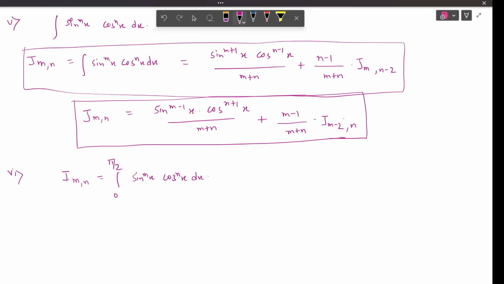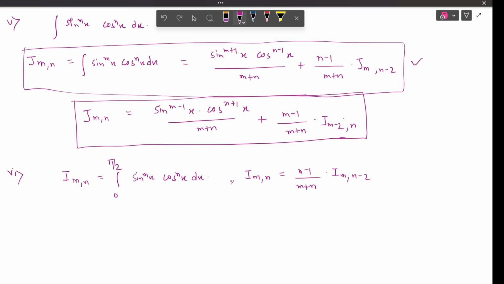Then this integral I m comma n would be n minus 1 by m plus n into I m comma n minus 2.